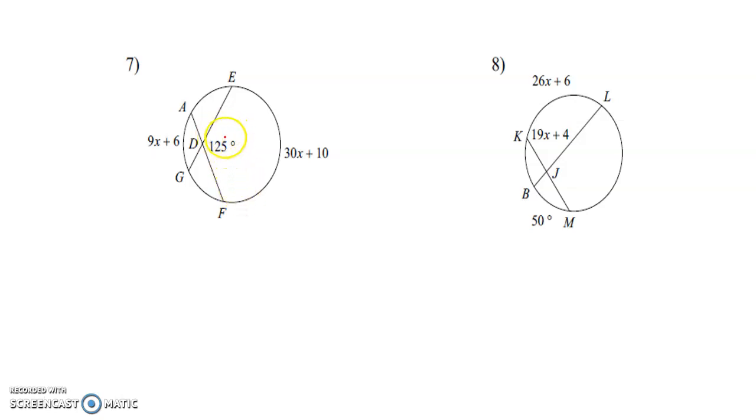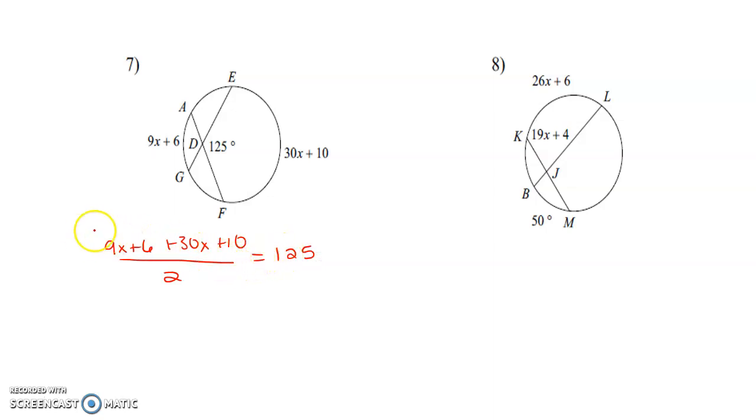Okay, so I have an angle that's interior. My vertex is inside, not at the center, not on, so it's going to be arc plus arc divided by 2. It's going to equal my angle measure.